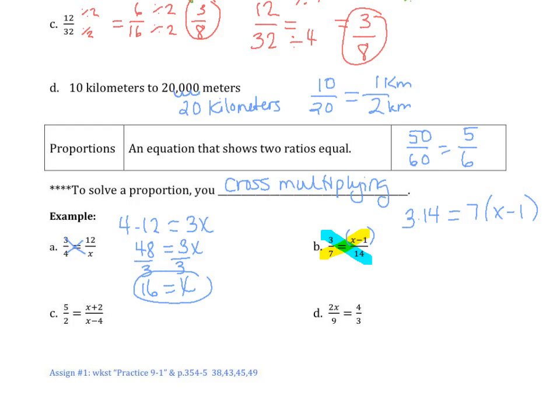3 times 14 is 42, and that's going to be equal to, on this side we're going to distribute that 7, so 7x minus 7. I just said distribute, should probably do that. Solving for x then here, I'm going to add 7 to both sides first.